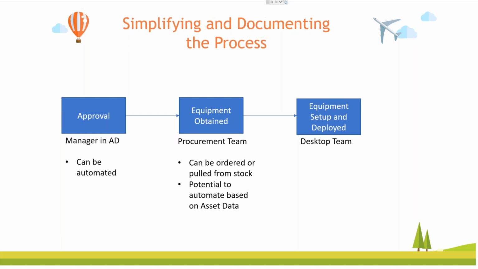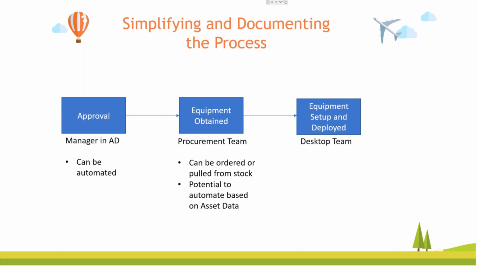Okay, the third step on our flow here is to actually deploy that equipment. That's done by the desktop team, as we can see here. Again, that may involve several steps, but they're going to know what it takes to get that done: go and get it on the desk, plug it all in, whatever the user requires, install this, set this up, whatever it is.